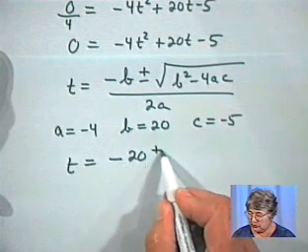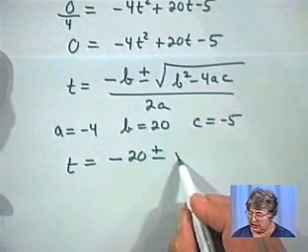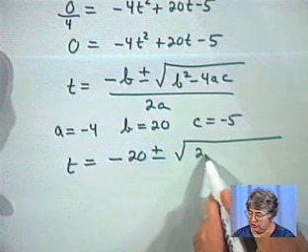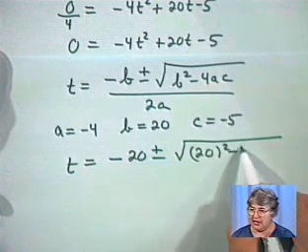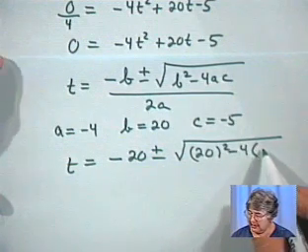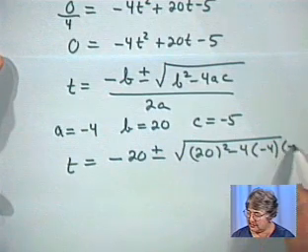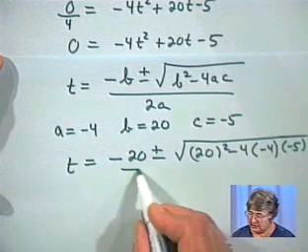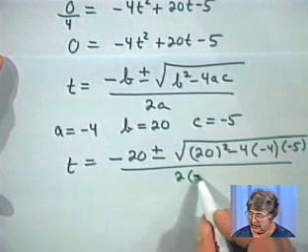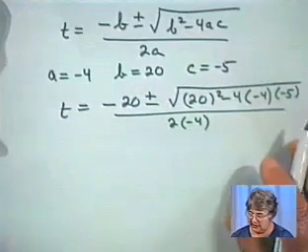In this case, b is 20, so that would be a plain minus 20, plus or minus the square root of b squared minus 4 times a times c, and this is all divided by 2 times a, which is 2 times negative 4.